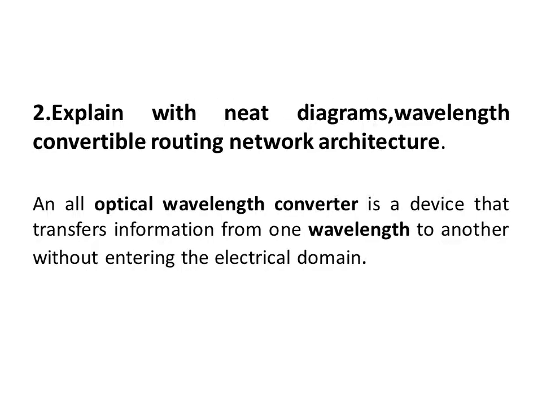Then the second question asked in the old question paper is about the wavelength convertible routing network architecture. Explain with a neat diagram the wavelength convertible routing network architecture. An all-optical wavelength converter is a device that transfers information from one wavelength to another without entering the electrical domain.